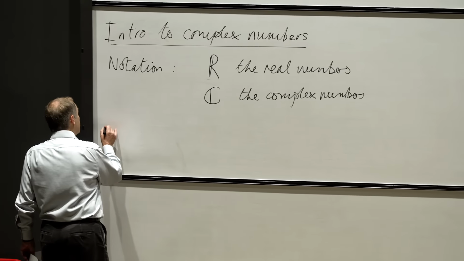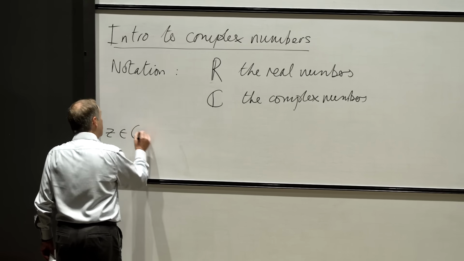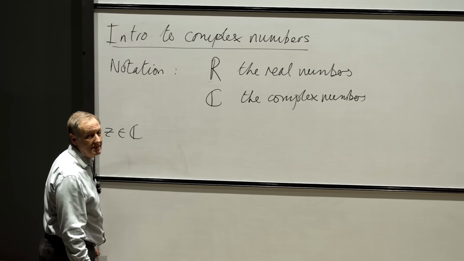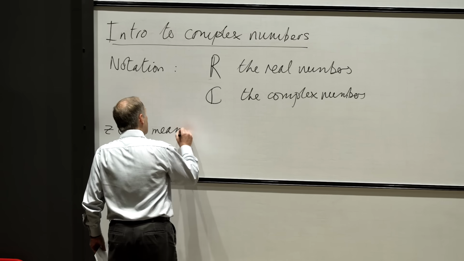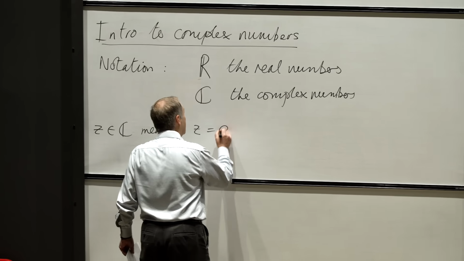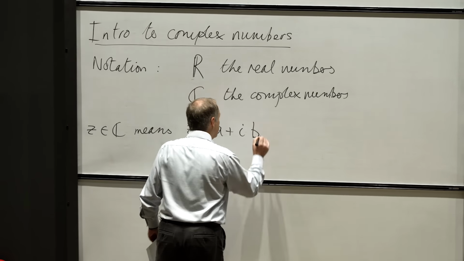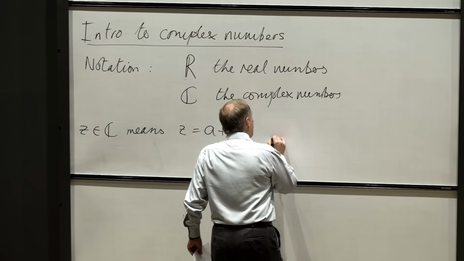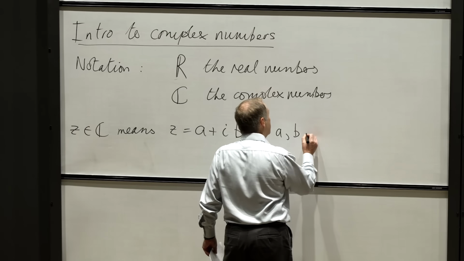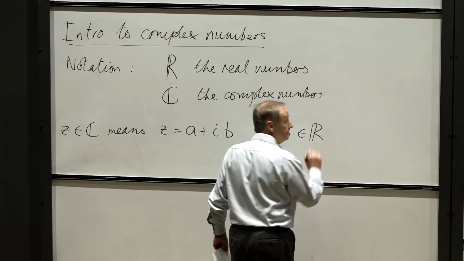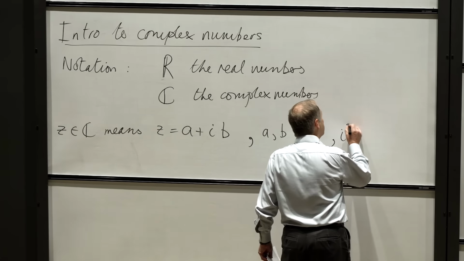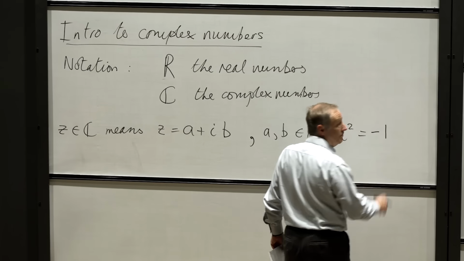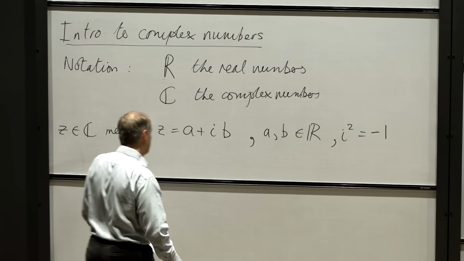So what does something belonging to this set C mean? Z in C means that Z is equal to A plus I times B, where A and B are real, and I squared is minus 1. Okay.